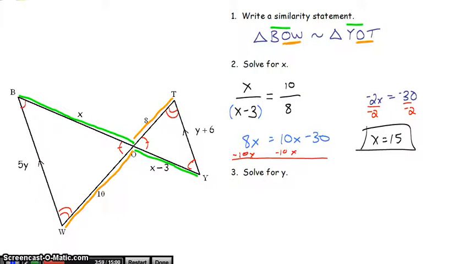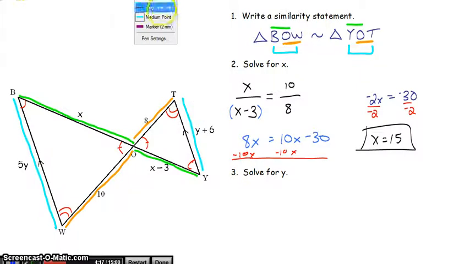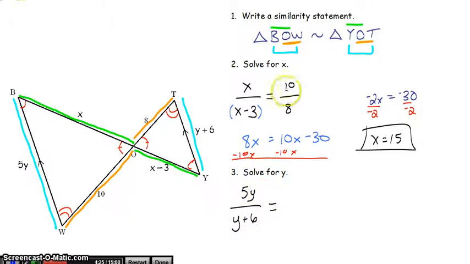To solve for y, I do a very similar process, only this time I'm going to have 5y, which is BW, match up with YT. YT is y plus 6. I set up my ratios. 5y over y plus 6 equals, I already had one ratio that was just all numbers.